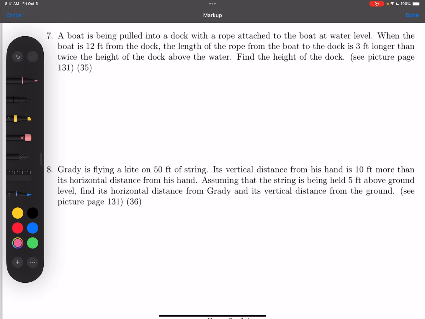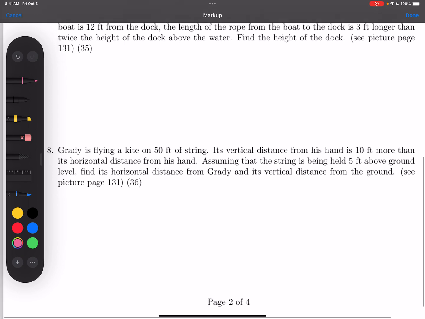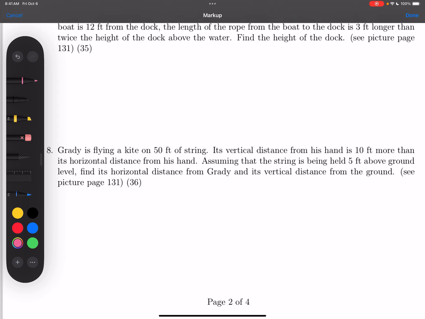Oh, okay. All right, this problem here actually has a picture in the book, on page 131. Look at that. So I'm going to draw the picture here. I try to reference if there's a picture for you to go back and look at.